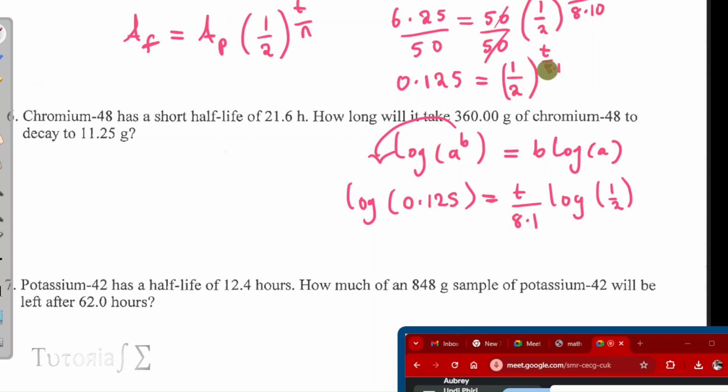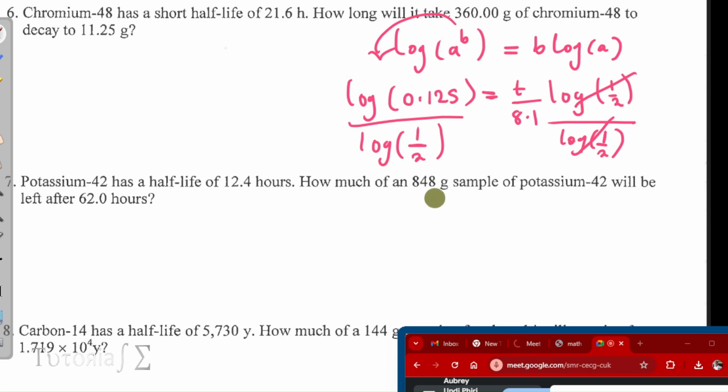Dropping will also be done if you're looking for n, because you want to make n subject of the formula. So here you divide both sides by log of half, so that you isolate the t over 8. Then on your calculator, find the log function.